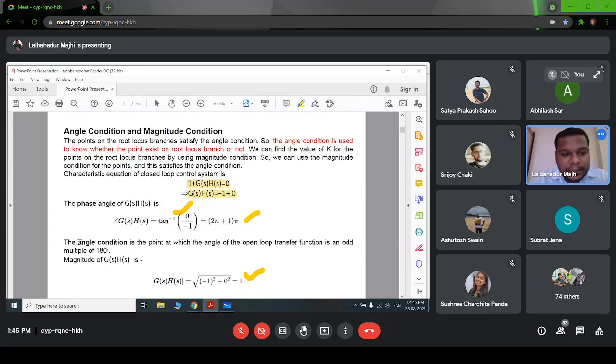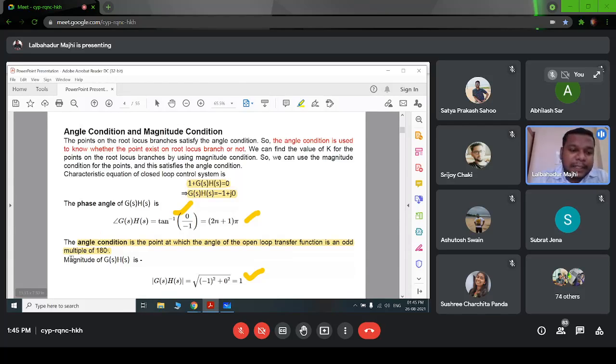Or we can say the angle condition is the point at which the angle of the open loop transfer function is an odd multiple of 180 degrees, right? The angle condition should be satisfied: it should be an odd multiple of 180 degrees.